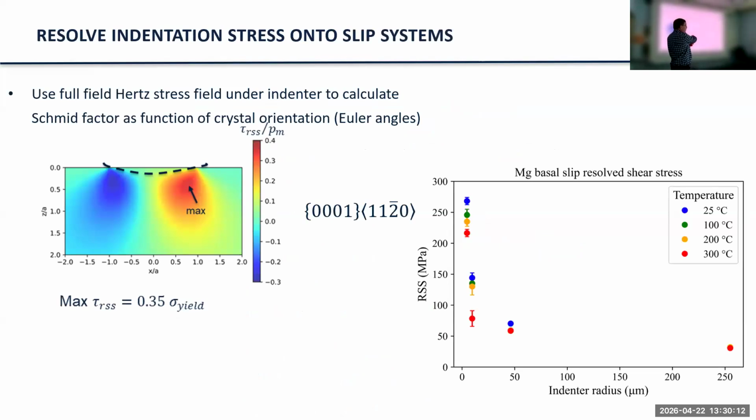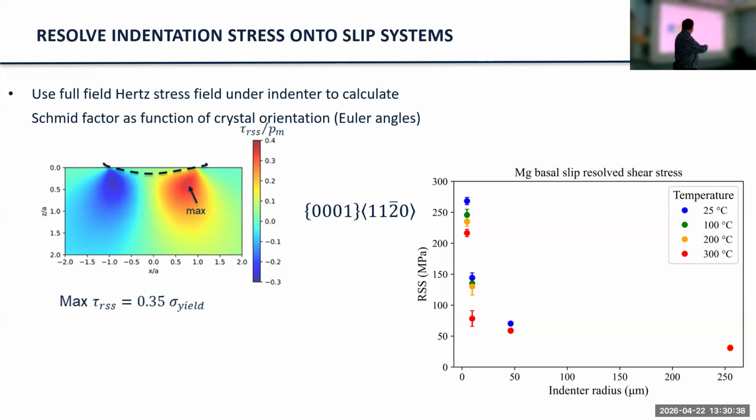It wants to push material to the right, and to the left. So you can calculate how much shear stress is resolved onto the basal plane in the direction of the Burgers vector. And here it's about 0.35, this indentation Schmid factor, if you like, of the yield stress that you've measured from the indentation stress strain curve.